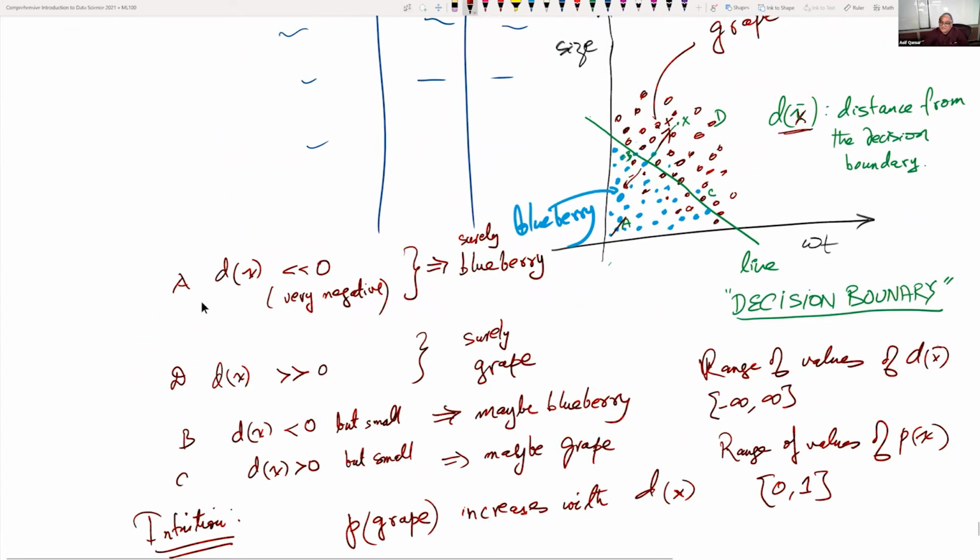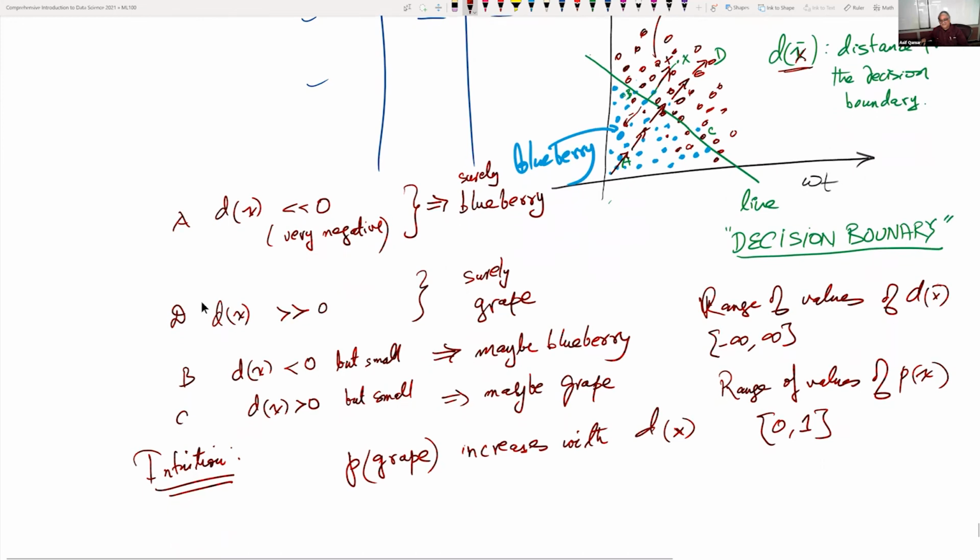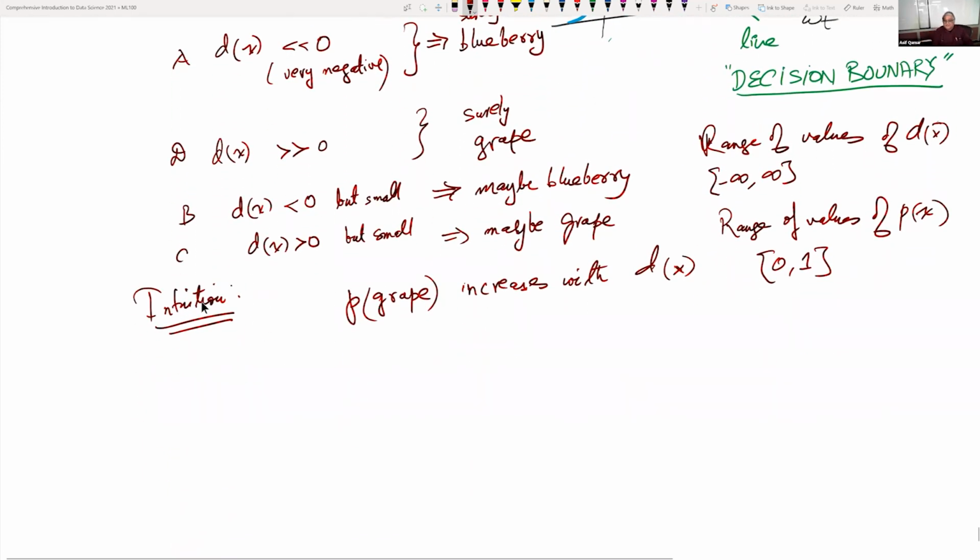As you go in this direction, the probability of it being a grape keeps on increasing from 0 to 1. So let me write this: increases monotonically. Now we are trying to look for a relationship between P and dx that relates them through a monotonic function, isn't it? So let's go search for it.